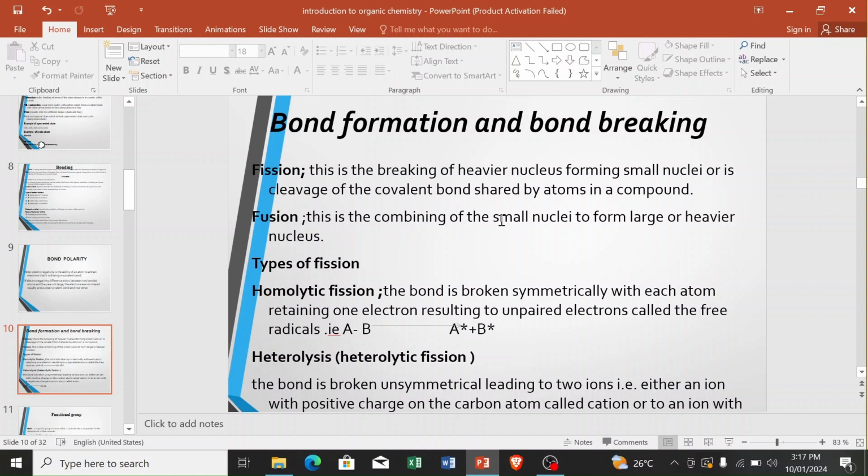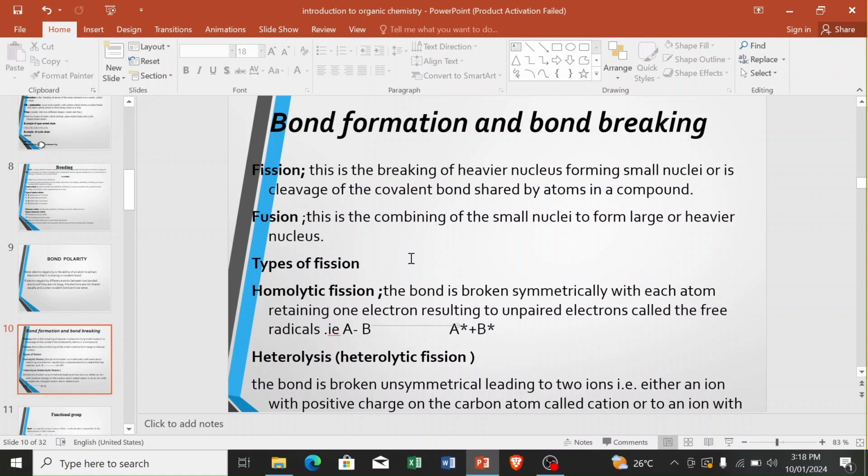Fusion is the combining of small nuclei to form a larger or heavier nucleus. That is fusion. However, we have different types of fission, that is, different types of bond breaking. We have homolytic fission.